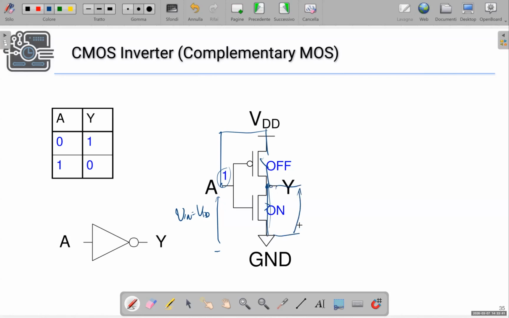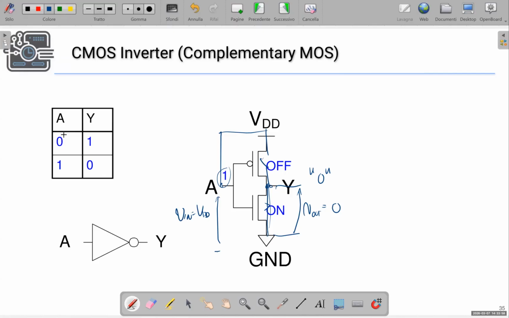As a consequence, the output voltage is 0, which corresponds to a low logic level. So when the input is high, the output is low.